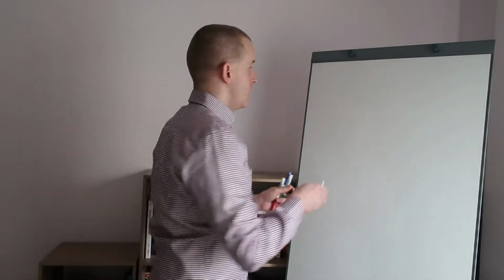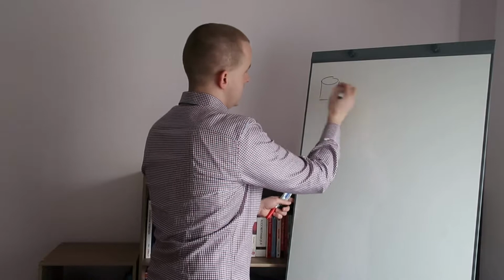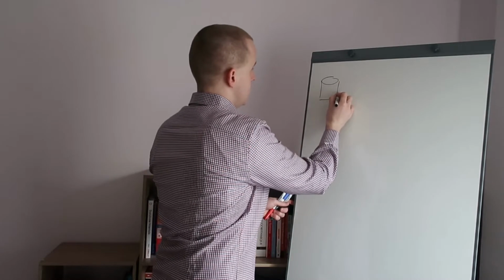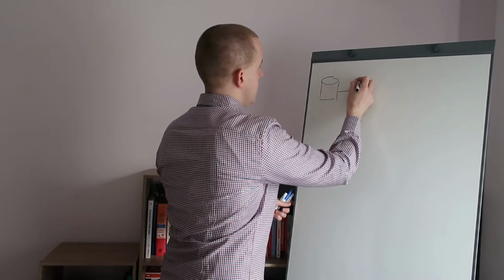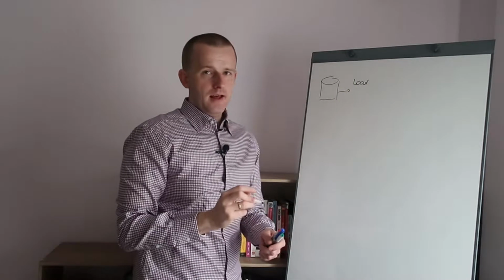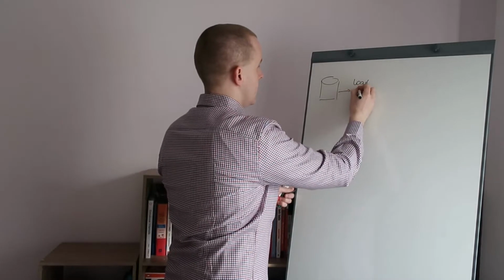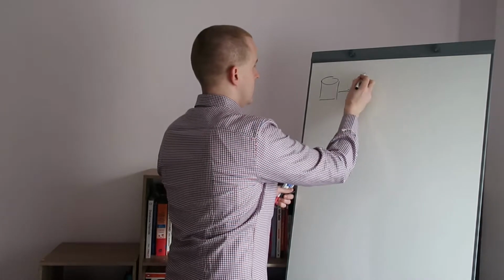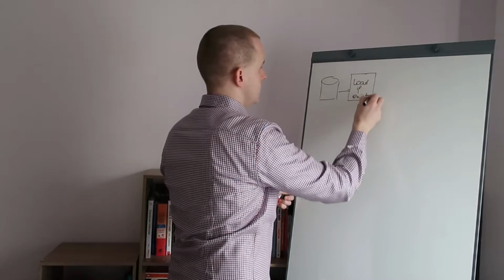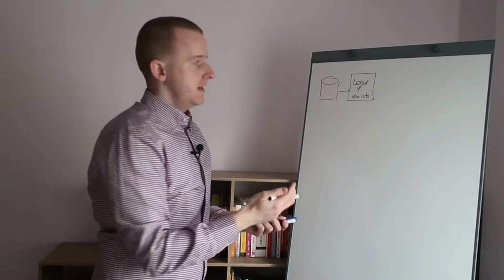So let's say that we are using some data source, like a relational database. So at the very beginning we are loading this data, but only if the data is here. So let's call this load if exists, because the loading is conditioned by the data presence.